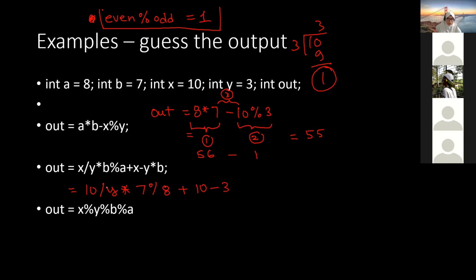So right here is 3, I didn't write 3. 3 times B, where B is 7. Now, what's the output? -8. Any other answer?